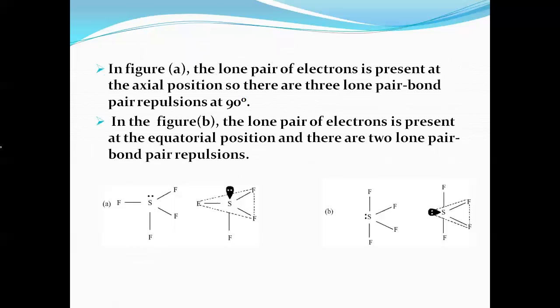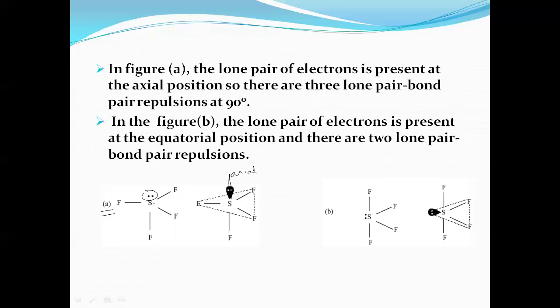Coming back to this, suppose, as in structure A, the lone pair of electrons is placed in the axial position.